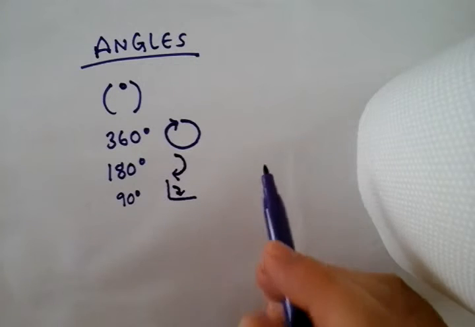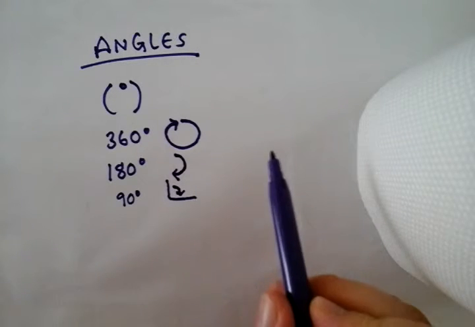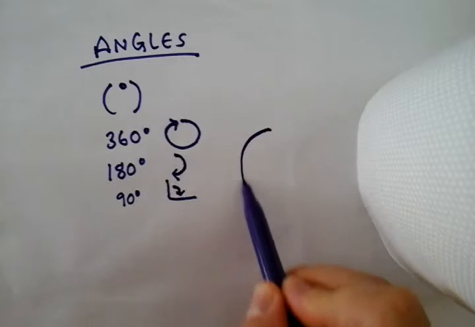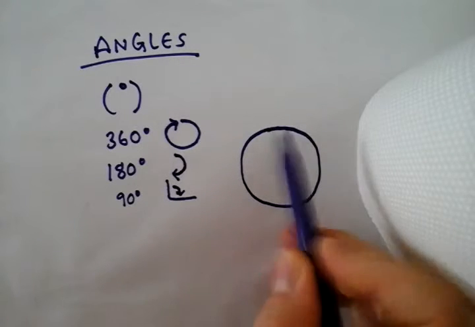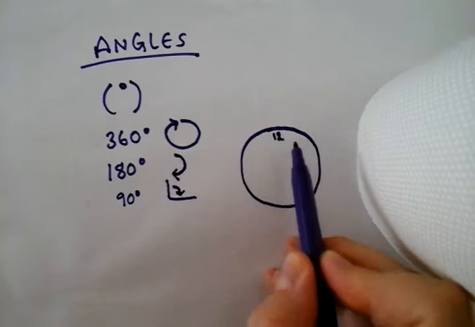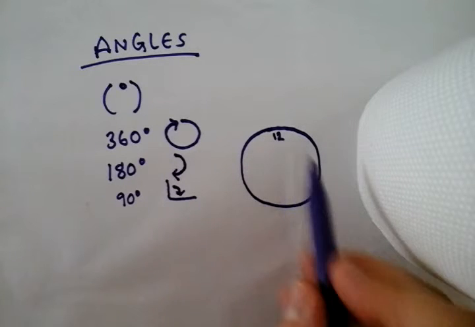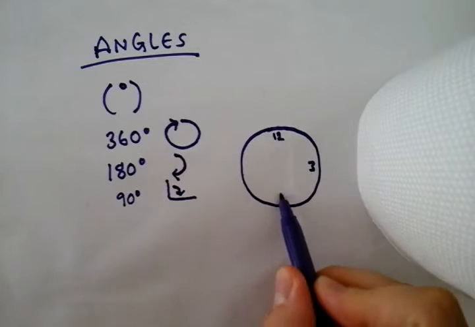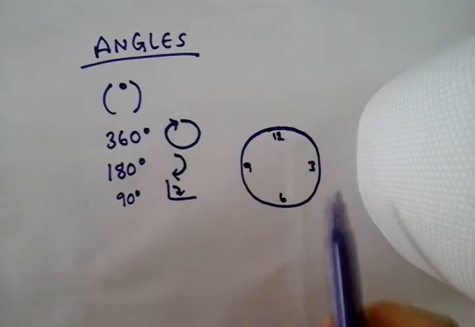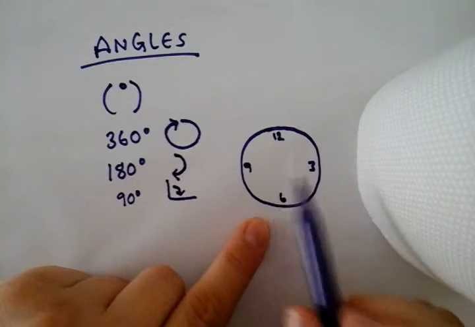So one of the examples they've given is a clock. We draw this. There you go. And we've got 12, 3, 6, 9, and then we can split that up now.